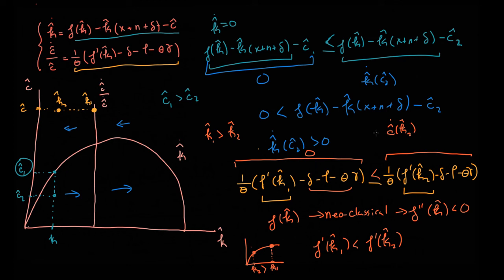So the C hat dot associated with K hat 2 is going to be greater than 0. So for points to the left, C hat is increasing. And for points to the right of the schedule, we just assume the inverse is true. You could do the test again, but I don't see why you would do that. And so there you go. That's the phase diagram derived for the Ramsey model.